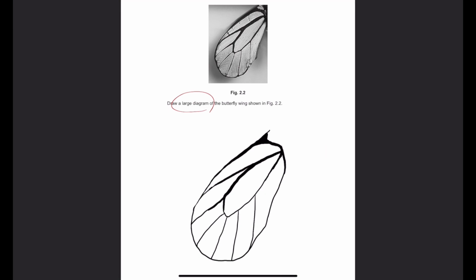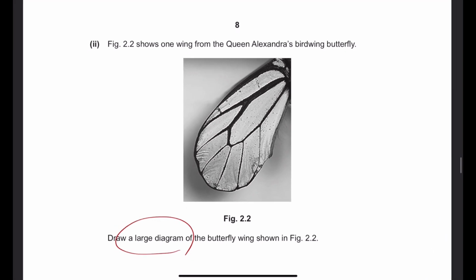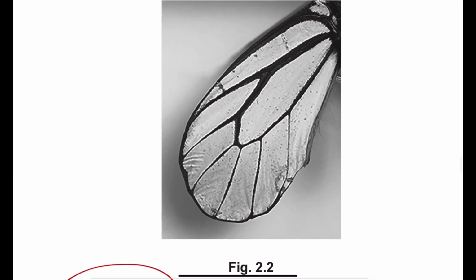And you'll be given marks for the details. I'm not talking about details like these. You can see a bit of foldings here, the lines here. You shouldn't draw these types of details. You only have to draw the actual shape, the overall shape, and a bit of details inside, like these ones.